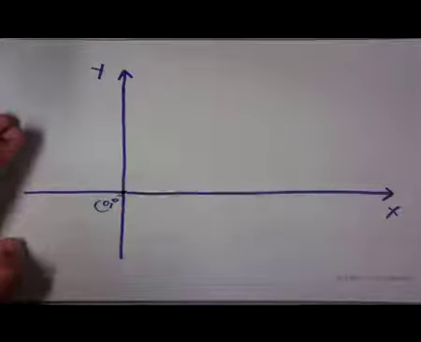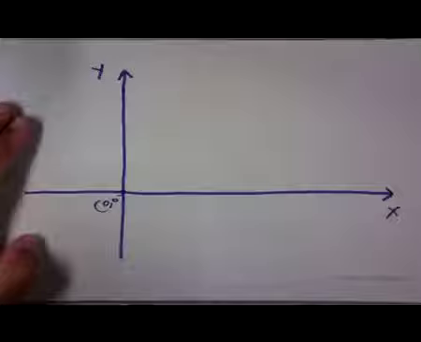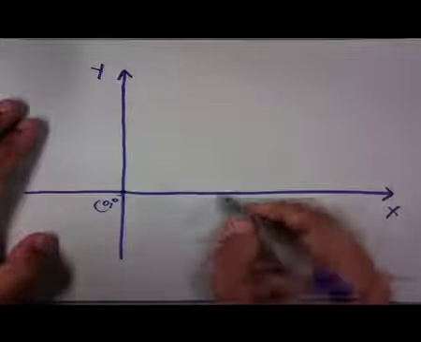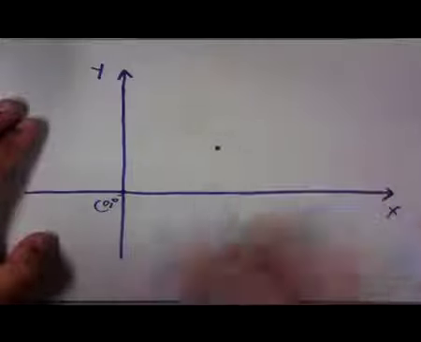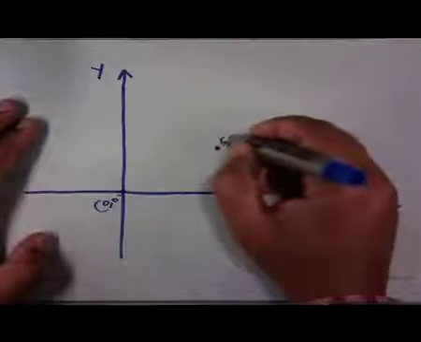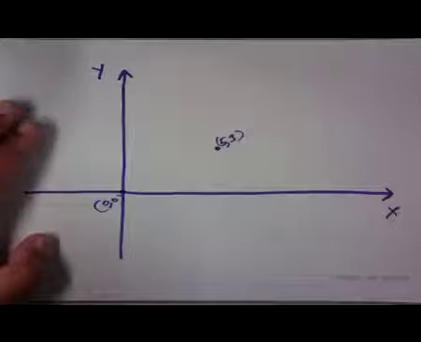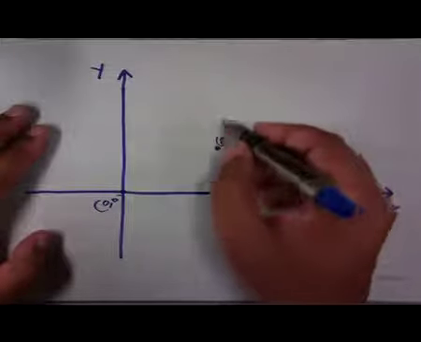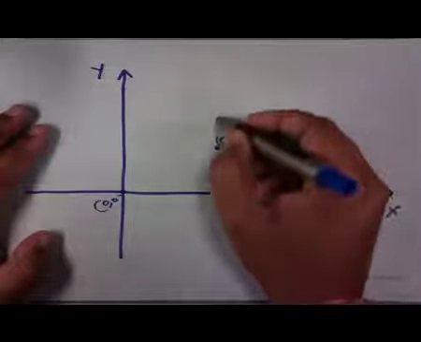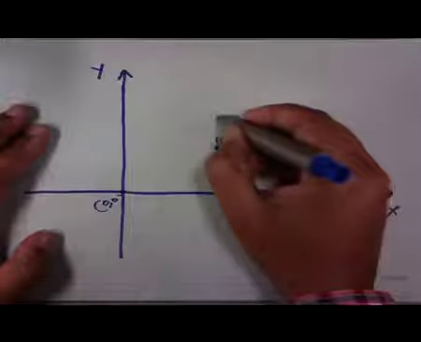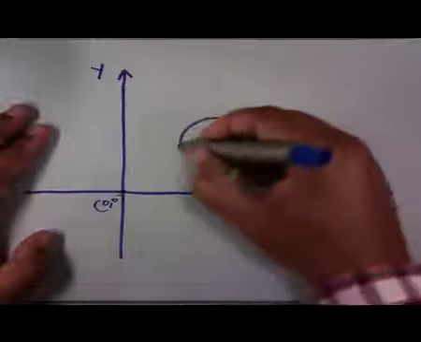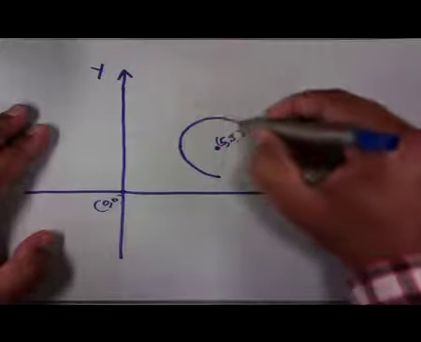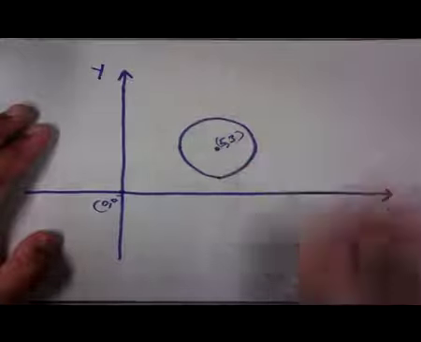We have the origin here, and let us say that we have a circle whose center is here at 5,3. It is just an arbitrary circle, and let us say it has radius 2. It is something like this.